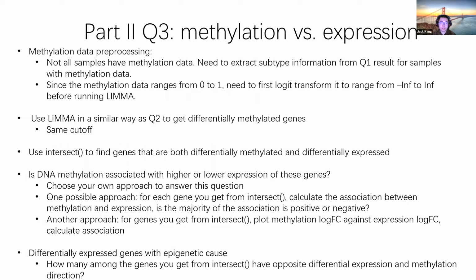And for question 3, we are asking you to do pretty much the same thing, but it's differential methylation. So we will provide you, similar to an expression matrix, this time a methylation data set. You should basically do the same thing as question 2, but a few things to know here is that not all samples have methylation data, so you have fewer samples for question 3.